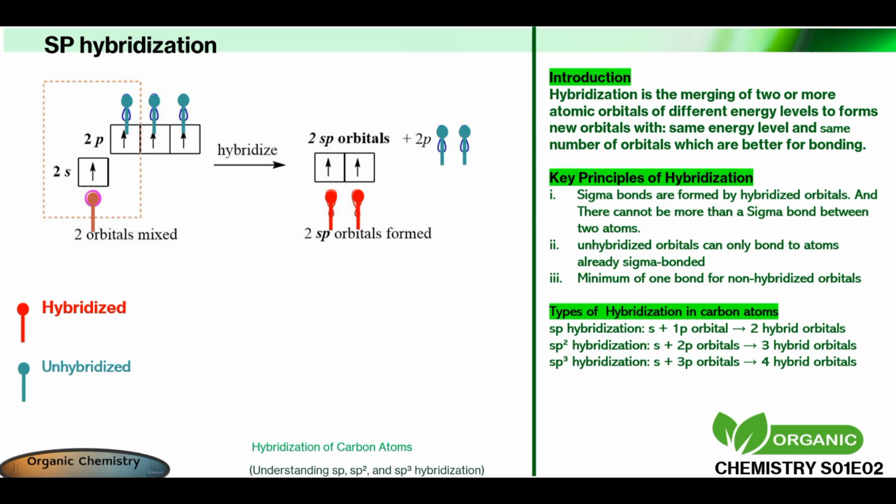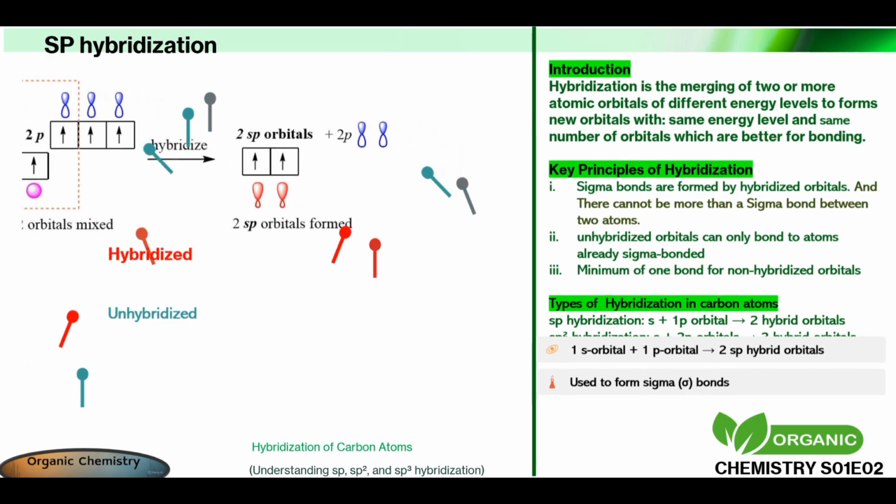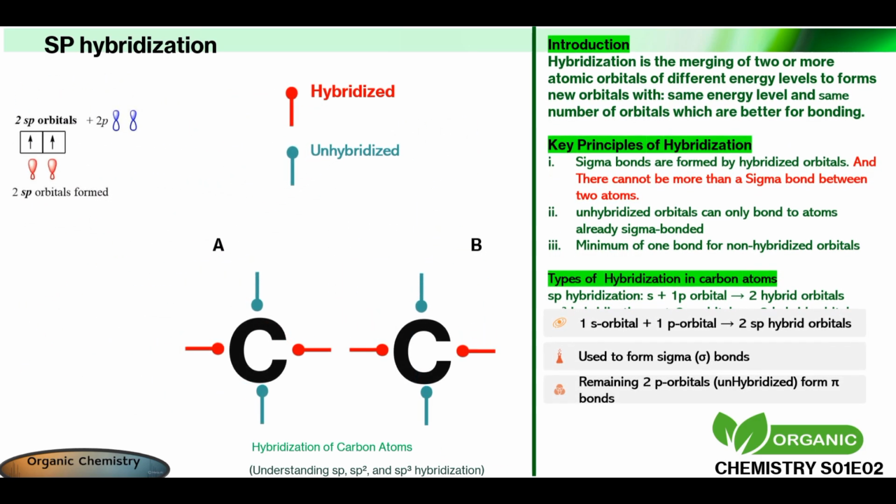Let's assume that we have two carbon atoms having these sp orbitals. Here, we have carbon A and carbon B with two sp orbitals each from the two carbon atoms. Let's assume that the electrons from hybridized orbitals are being denoted with the color red, and the unhybridized with green. Look at how I arranged it here.